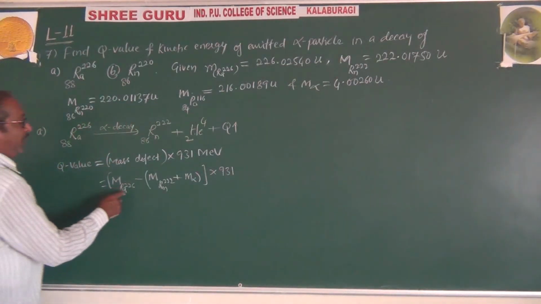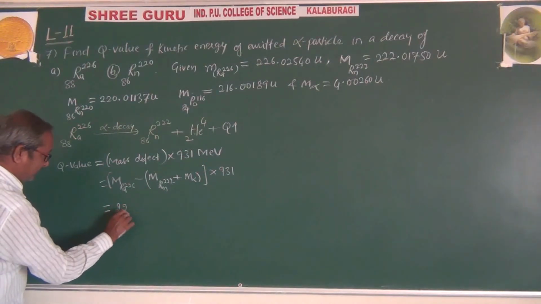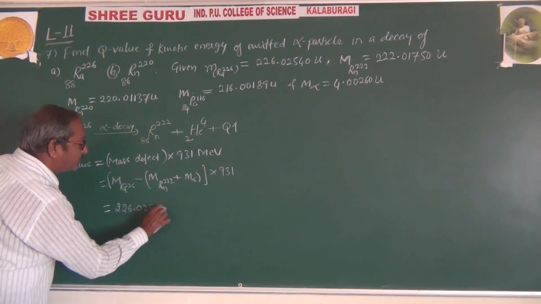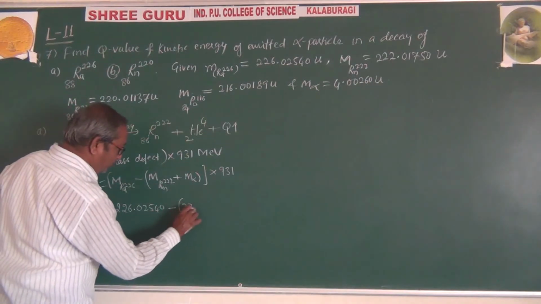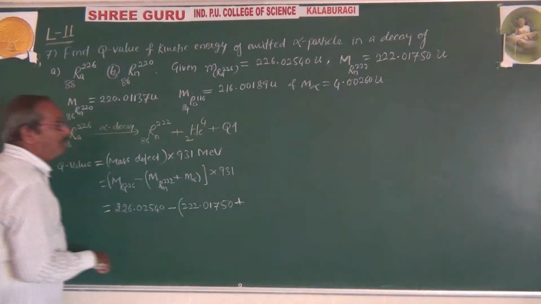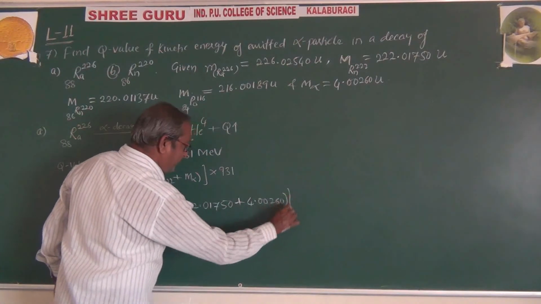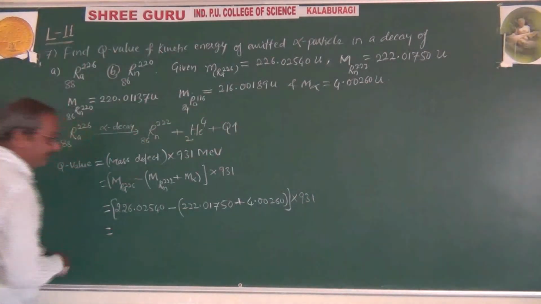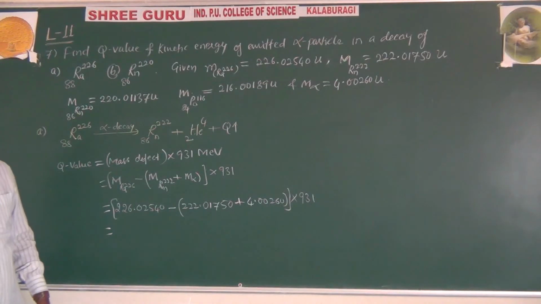This is equal to how much we have here: 226.0254 minus bracket radon 222.01750 plus mass of alpha particle which is 4.00260, into 931. The difference of the two.